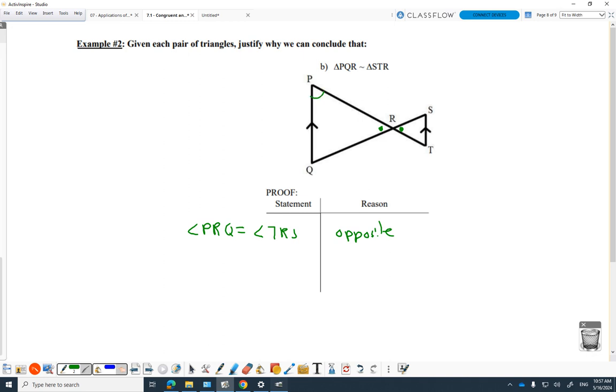Angle QPR equals angle STR. And do you have the fancy word? Alternate. This is why we needed the fancy words, to do the fancy proofs.